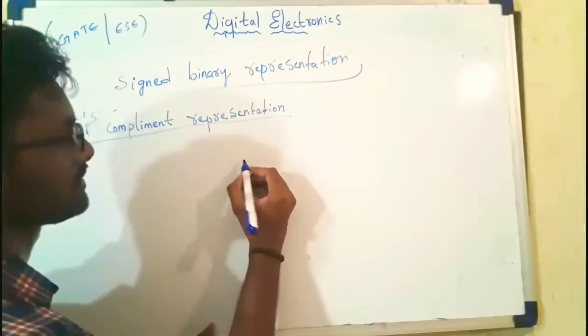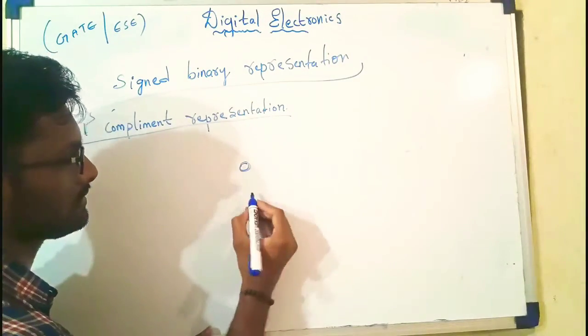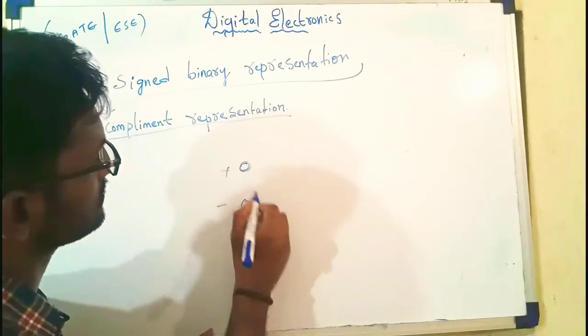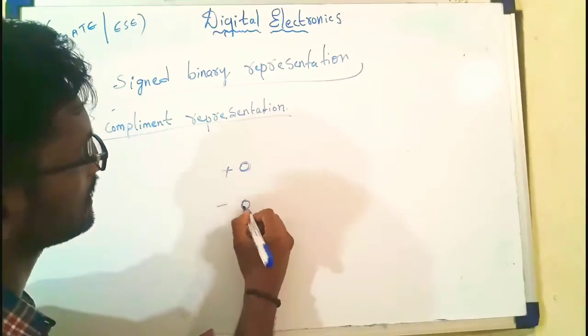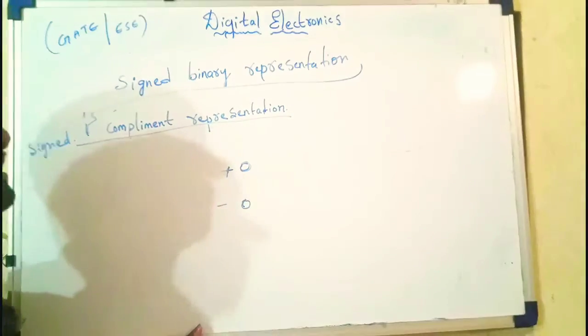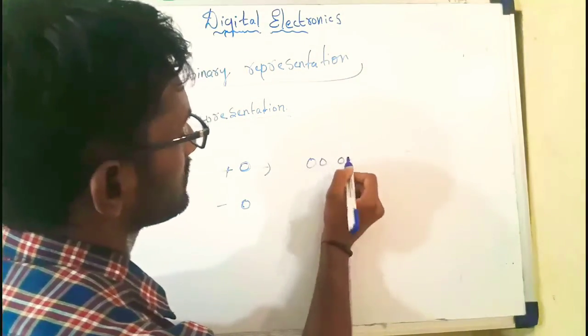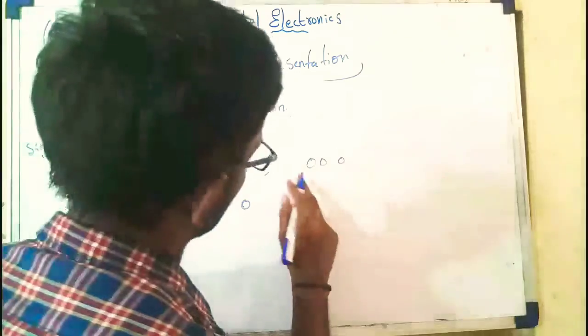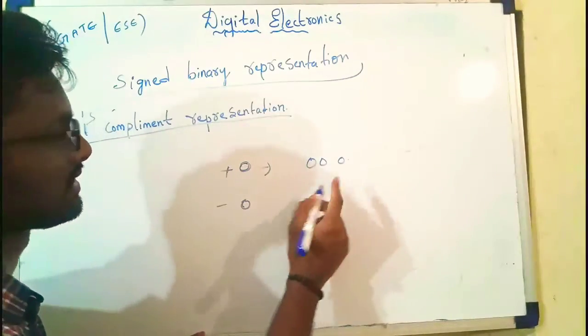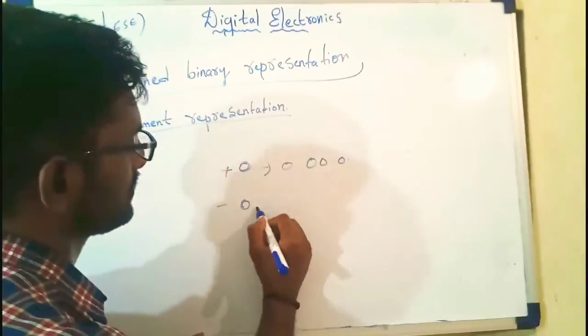Here for 0, take 0 as plus 0 and minus 0. Later we will see whether plus 0 and minus 0 are the same or different. First for 0, I am writing in terms of 3 bits. For 0 the binary value is 000, plus is nothing but 0.